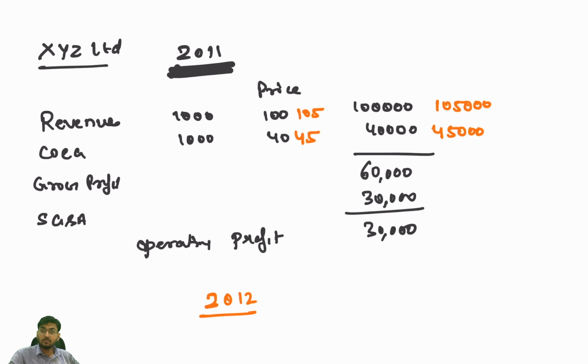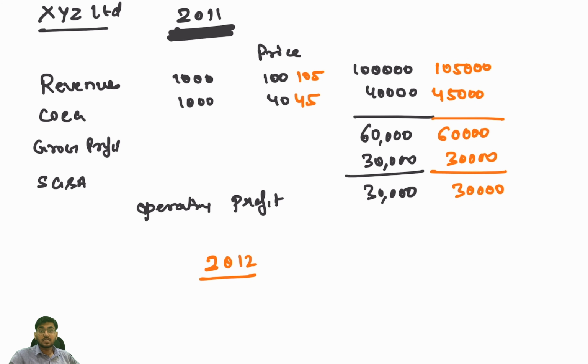Clear? Are you understanding over here? This how much? Same 60,000, same 30,000. Over here it's also same 30,000. Clear? Are you understanding over here?